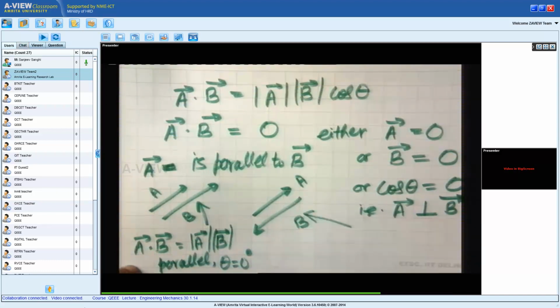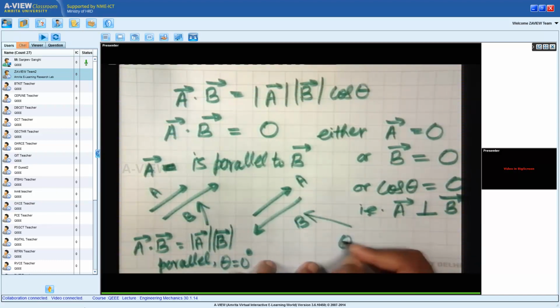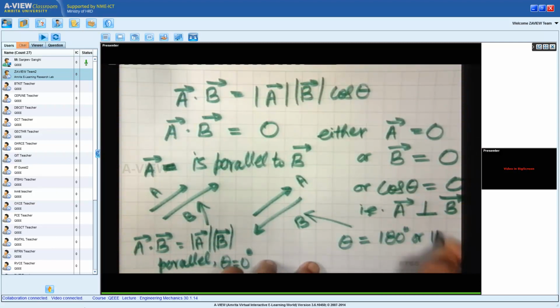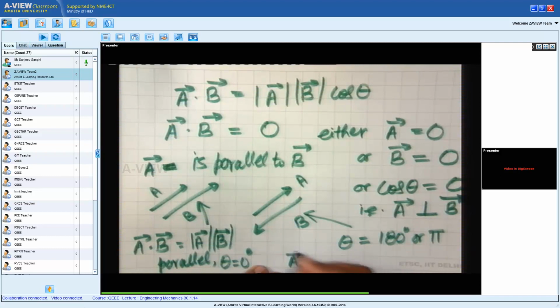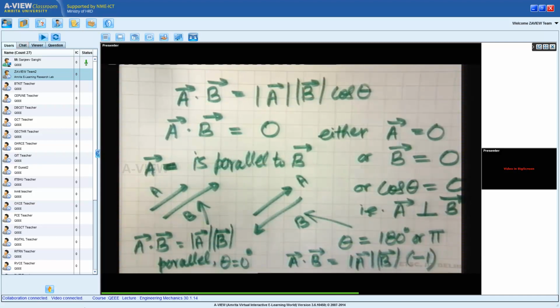But in the second case, when A and B are anti-parallel, theta is equal to 180 degrees or pi radians, and A dot B will be equal to magnitude of A, magnitude of B multiplied by -1. That means a dot product, while it is a scalar, could have a sign. It is an algebraic quantity. It could be positive or it could be negative.